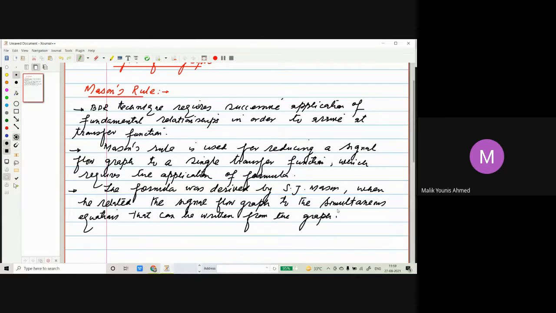So this formula was derived by S.J. Mason. What he did was relate the signal flow graph, some type of graph we will be given, with the simultaneous equations from the graph. So we have to write the simultaneous equations from the graph itself, and then we will arrive at the transfer function.